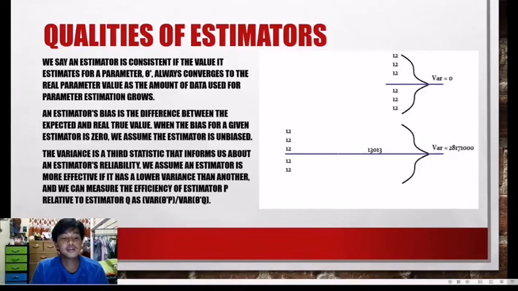The variance is a third statistic that informs us about an estimator's reliability. We assume an estimator is more effective if it has a lower variance than another, and we can measure the efficiency of estimator P relative to estimator Q as a ratio of variances.